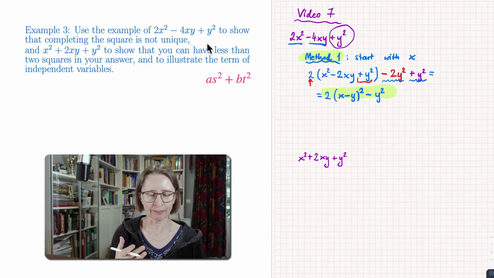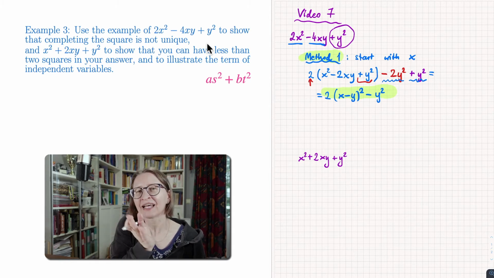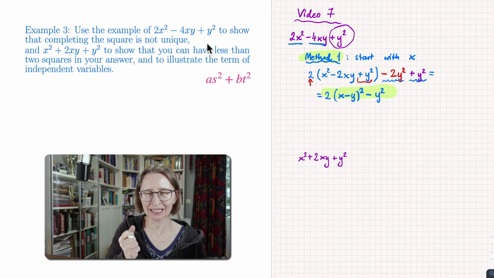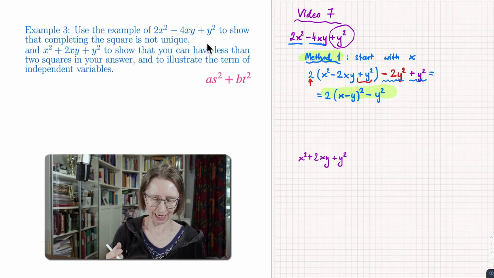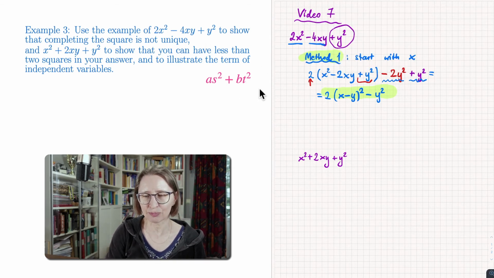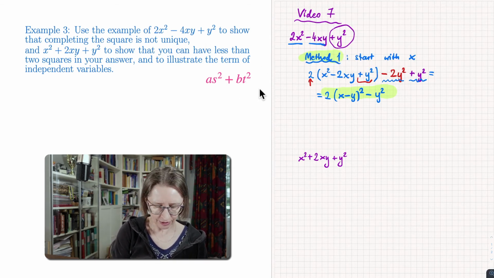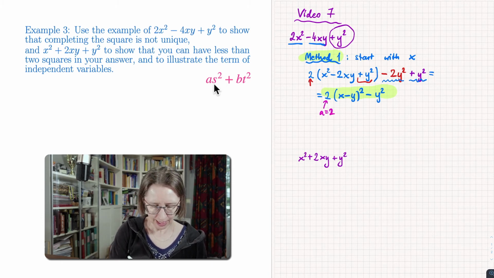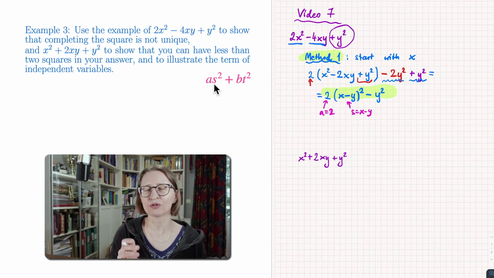I have written my quadratic form as some constant times a variable squared plus some second constant times another variable squared. So if you want to compare this to this general expression, you see that our a is equal to 2, our s is equal to x minus y, so this is the new variable which is squared.